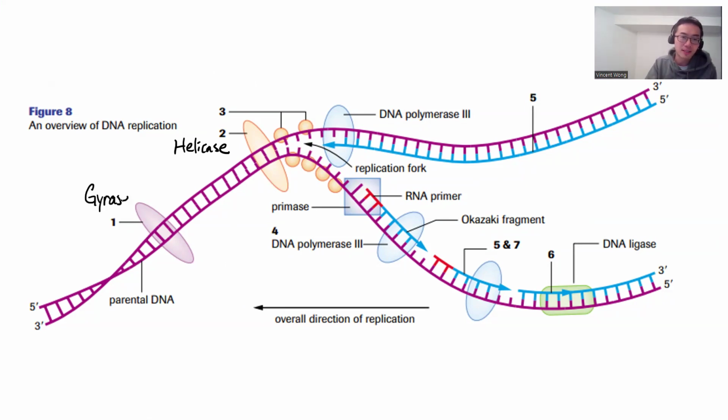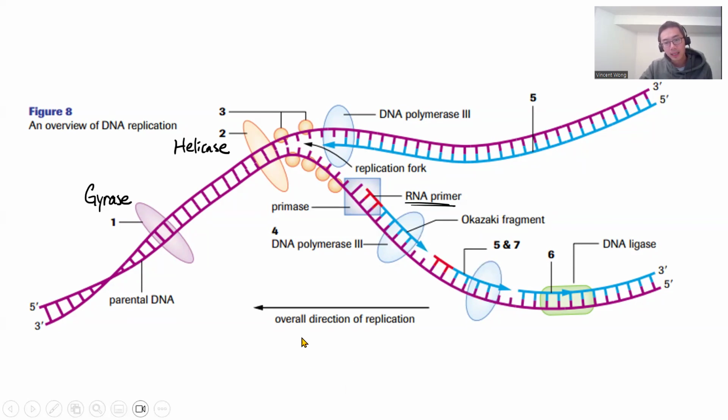So this guy is going to be removing the tangle, relieving the tension, and then the helicase is going to unzip, right? Here the square is the primase, and the red thing here is the RNA primer. And then you have the Okazaki fragments here.